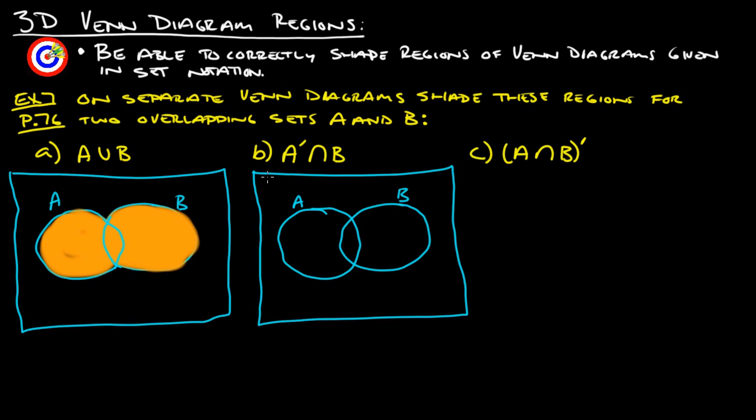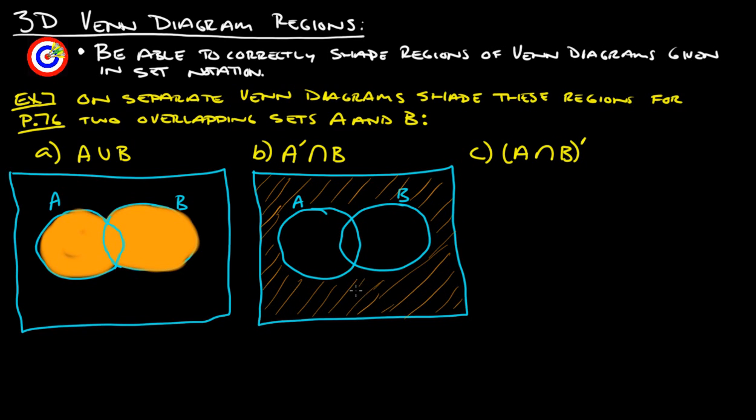I'm going to draw that with just lines like so. Anything that's not in A would actually include all this stuff here in B as well, right? So let's make a little legend down here. That is complement of A.